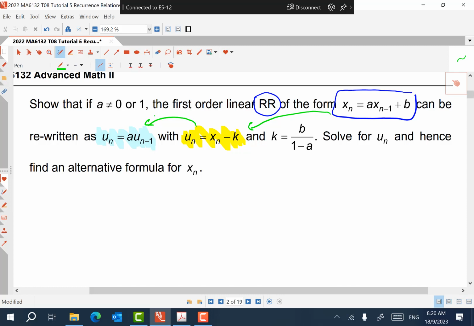Okay, how do we start the ball rolling? John, you want to suggest? So to start the ball rolling, we will start off with this line, the given recurrence relation.